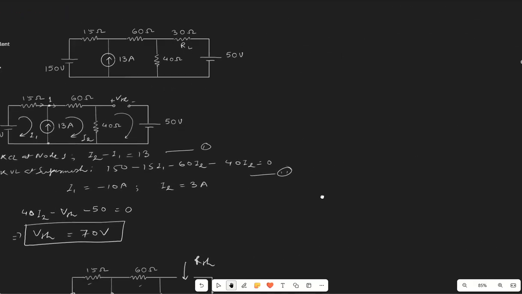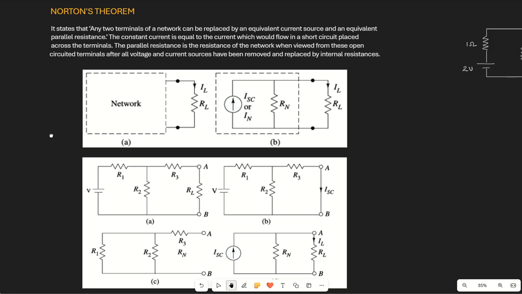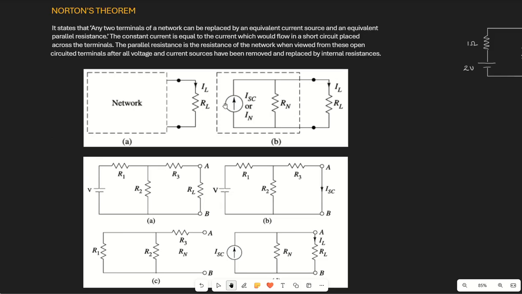That means the Norton theorem is given by, as we have a linear and bilateral network, similar to Thevenin theorem, any complex network can be converted into a simpler network, now containing a current source and a parallel resistance. Okay, that is the only difference between Thevenin and Norton theorem. In both cases it is a simpler network.